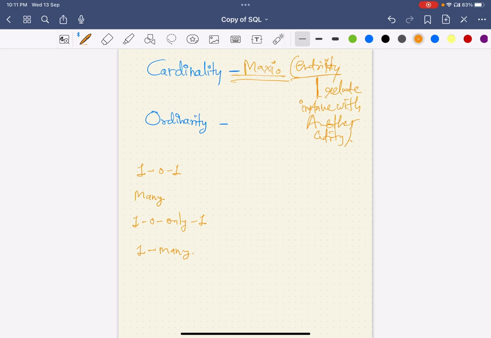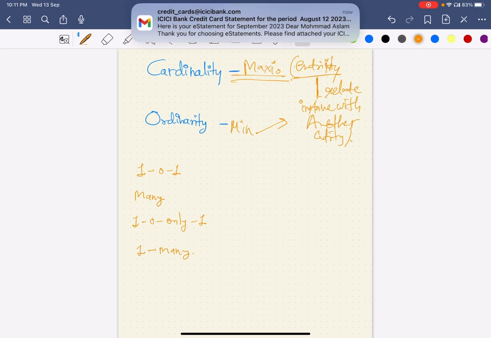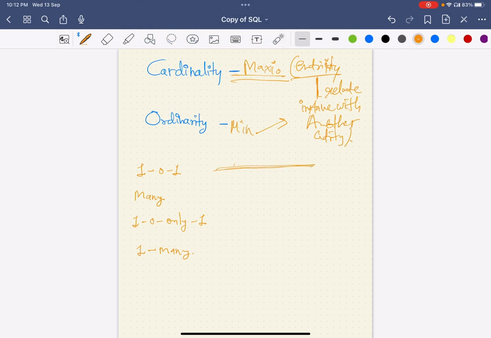Ordinality, on the other hand, is the minimum number of times an entity can relate to an instance of another entity. Now we need to understand what the different types of relationships we can have are. We can have one to one. How will we represent these relationships? Let's suppose we have this one relationship, one to one. So basically we represent something like that.